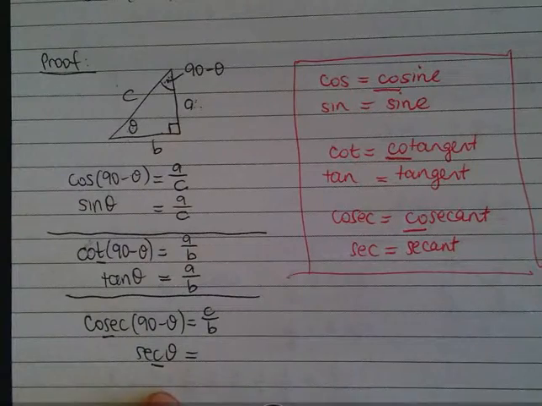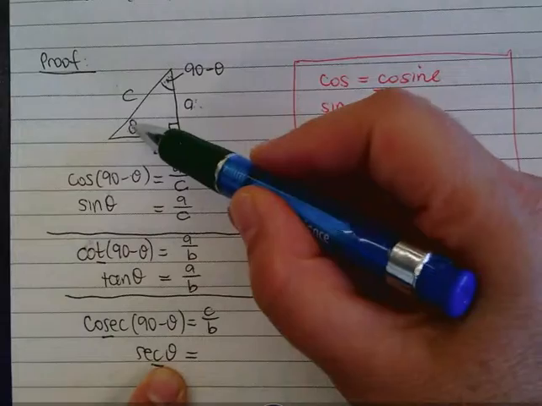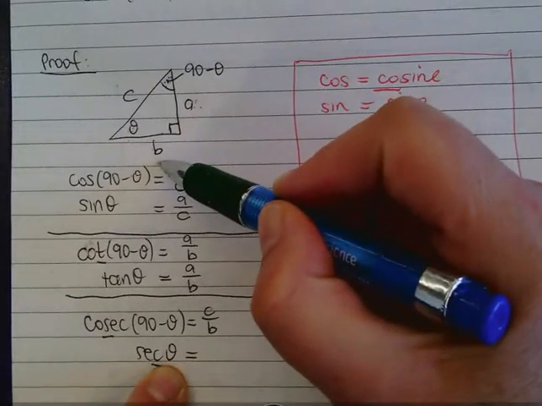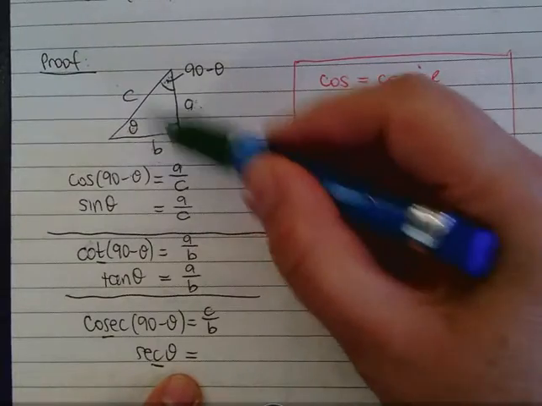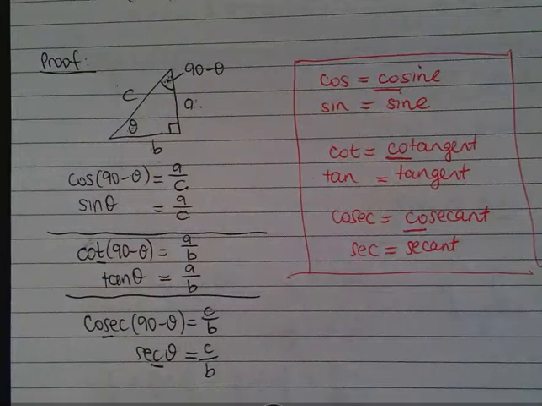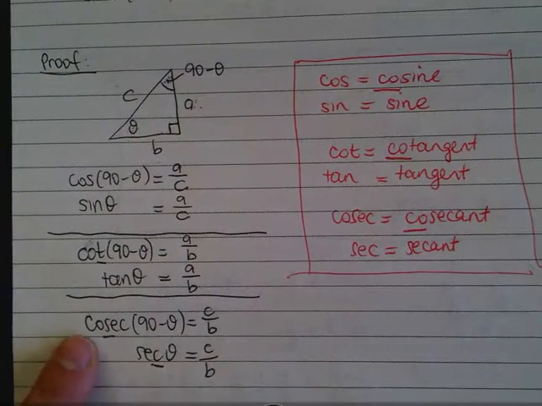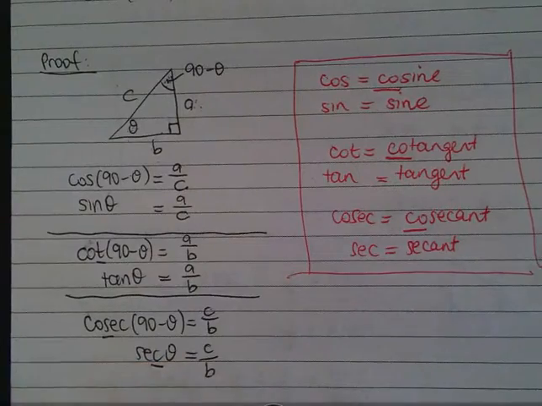Sec is the reciprocal of cos. Let's see what cos of theta is. To do sec, I'm doing cos first, B on C. So sec is the reciprocal of that, C on B. So therefore cosec of 90 minus theta equals sec theta.